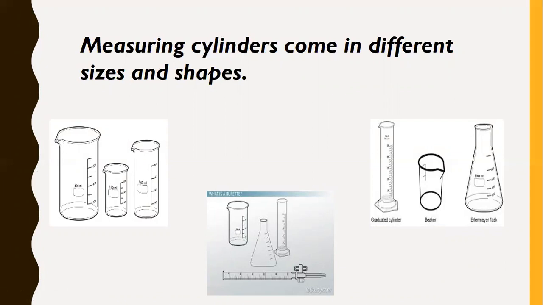And there are marks on the side of the measuring cylinder. You can see in this picture that there are different marks on the cylinder, and these marks are known as divisions. Through these marks, we can find the volume of the liquid poured in these cylinders.